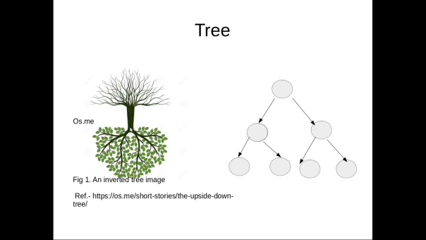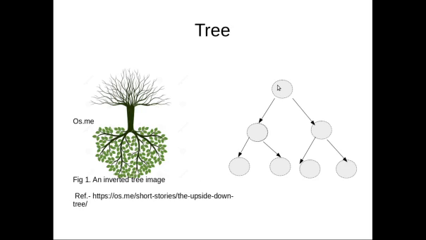Here you can see there are multiple branches, mainly two sub branches, and each sub branch can have one, two, three sub branches. So it goes from the root to the branch, then through the sub branch, then stem, then leaf.